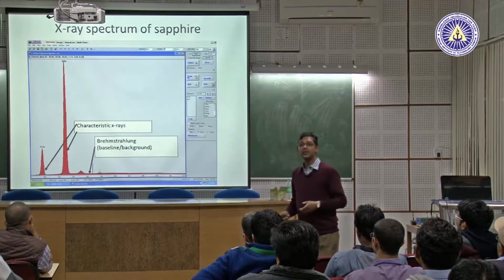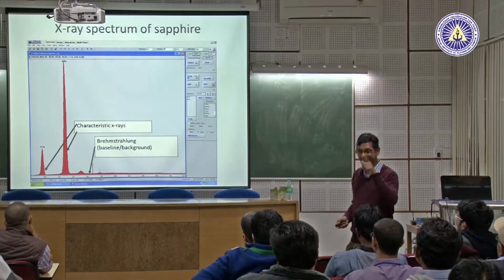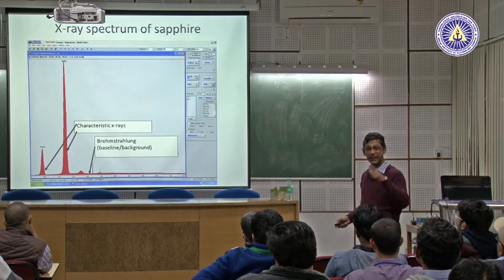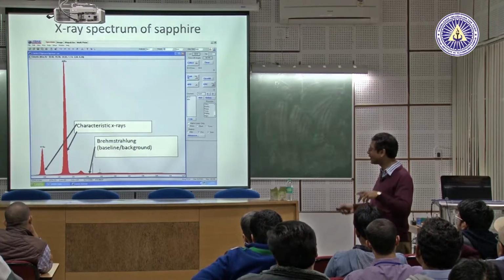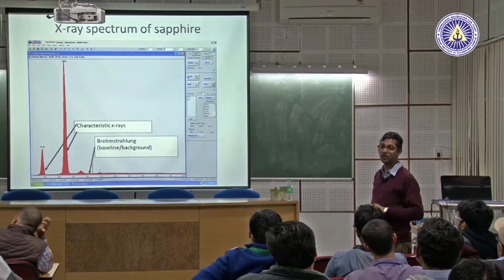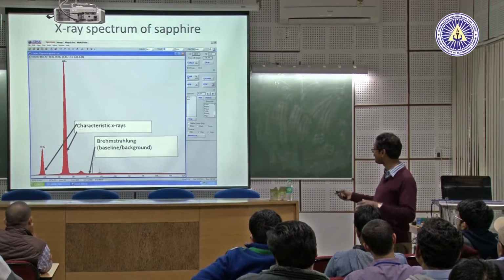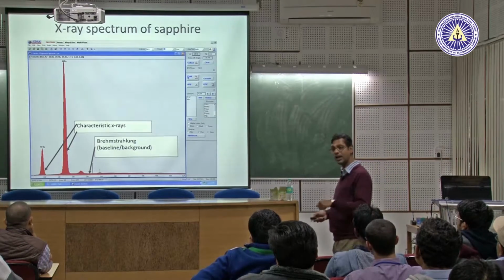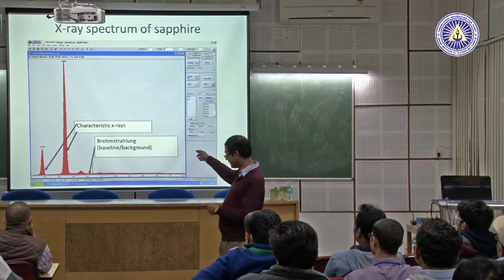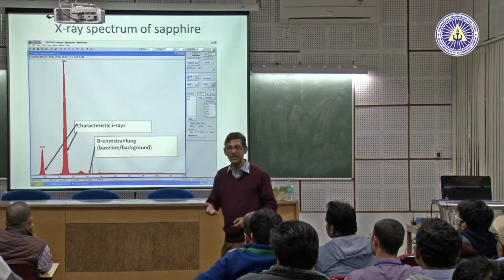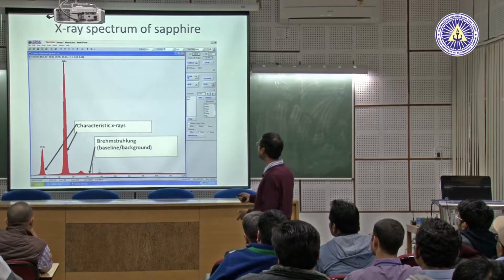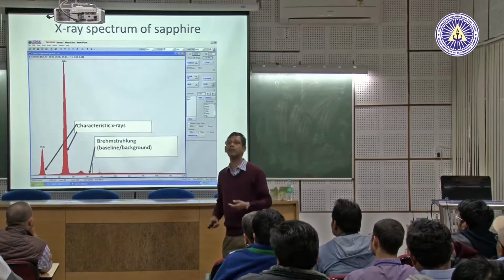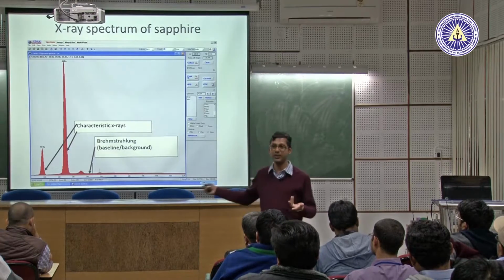That doesn't happen. So if you have an element in which an L peak or M peak is coming, it is better to use those peaks to calculate the concentration of the element, not the K peak, which you normally don't do in experiments. If you go to an SEM lab, they will use the K peak because it is routine, or the default. They will use the K peak intensity to calculate the amount of material present, the amount of aluminum present, right?